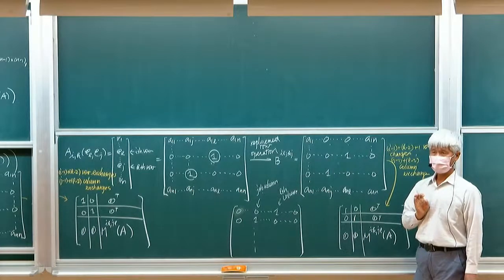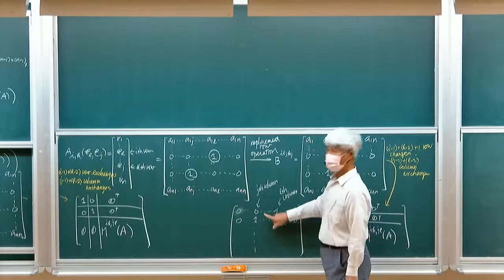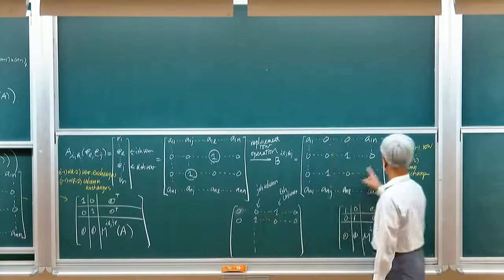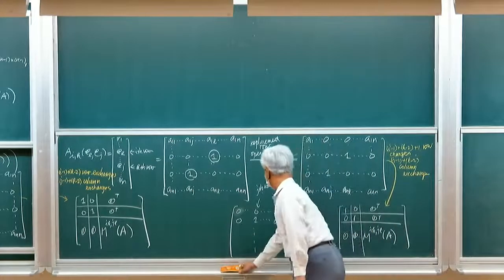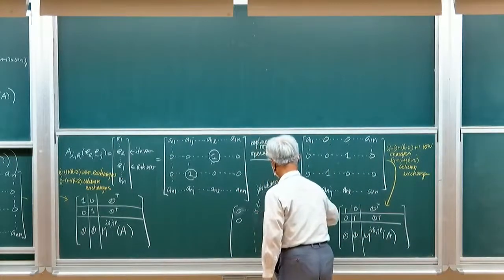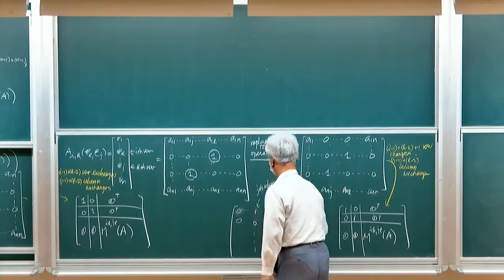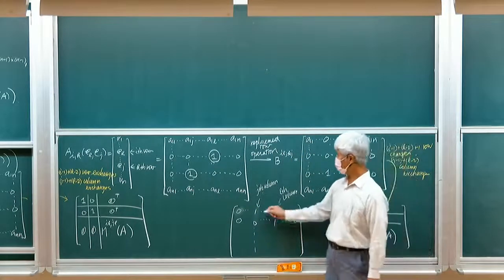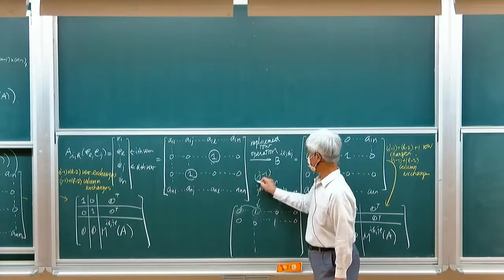But if we do the row exchange one more time, if we switch these two rows again, then the situation will change. This becomes 1, 0, 0, 1. And we move this one to here by J minus 1 column exchanges.